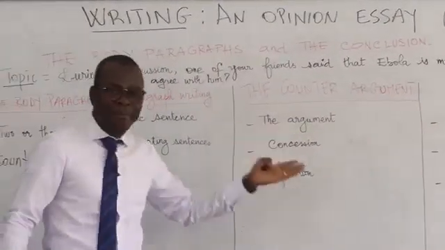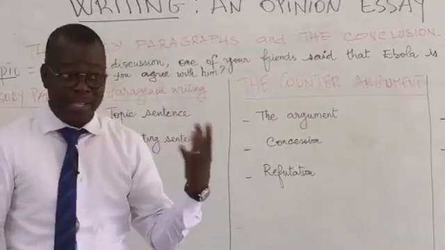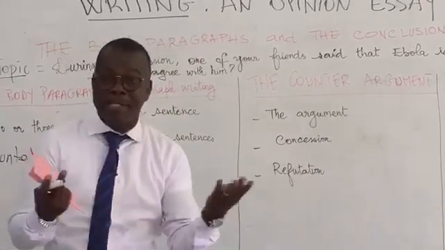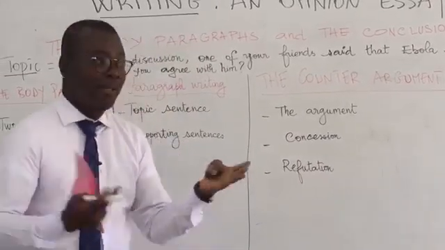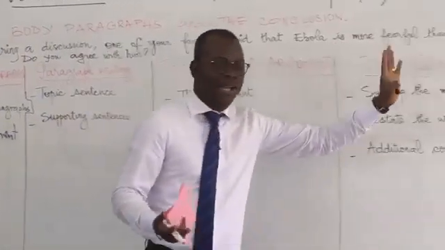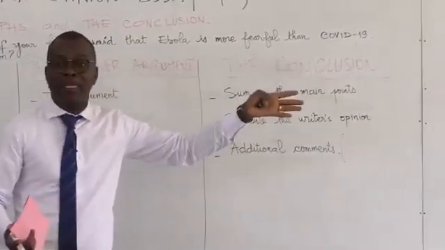Do you agree with him? Here it is obviously an opinion essay, because you can have 2 opposite opinions. Some people will say, okay, Ebola is more fearful than COVID-19, and another one will say COVID-19 is more fearful.